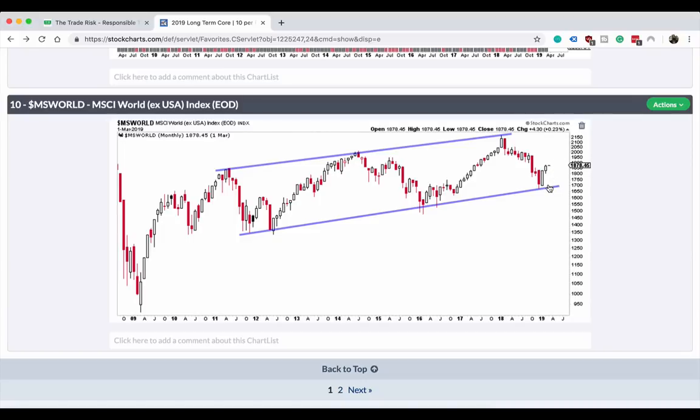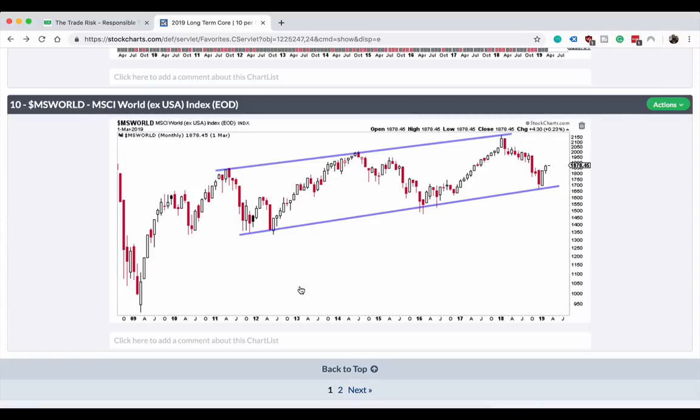There's lots of room to the upside if this structure is going to stay intact. In other words, if you think this channel can hold and you think these lows are good, then you could be looking at a multi-year run here, certainly a multi-month run in the MSWORLD Index, all the way back up towards the highs as this has ebbed and flowed over the past 7 or so years.